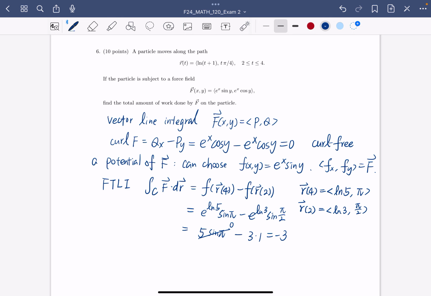For this problem, if you do direct computation, I would guess it would be complicated.